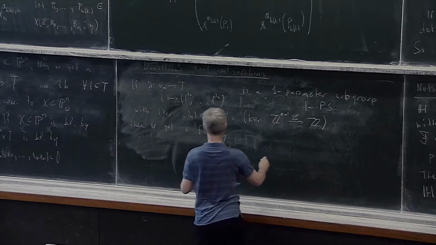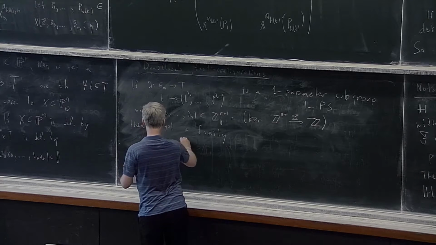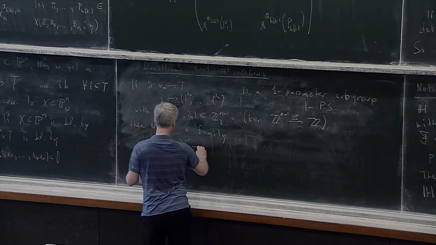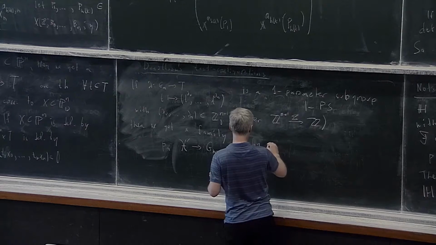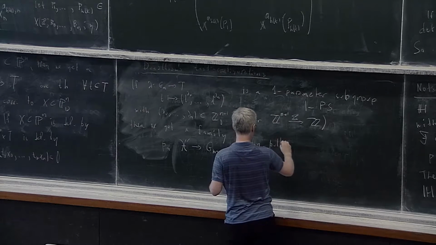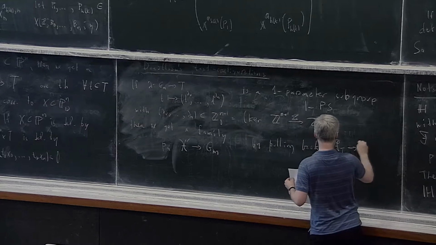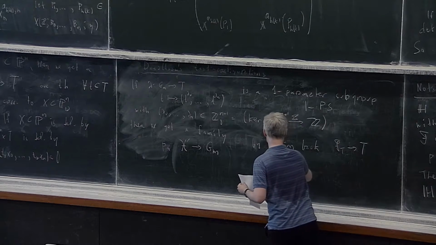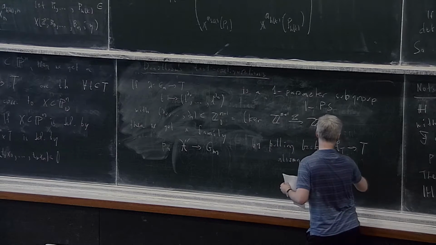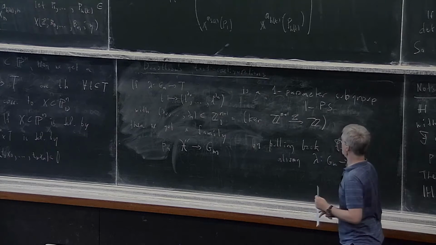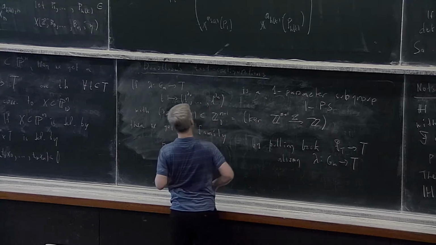which I will denote by p_λ, over G_m, by pulling back this family I had over the torus along this λ from G_m to T. This means that the action multiplies the coordinates by these powers of t.